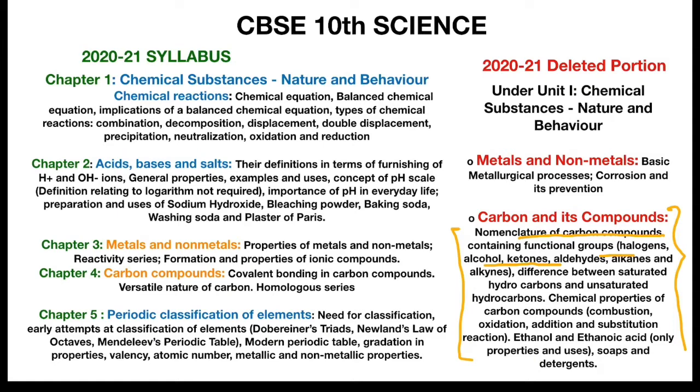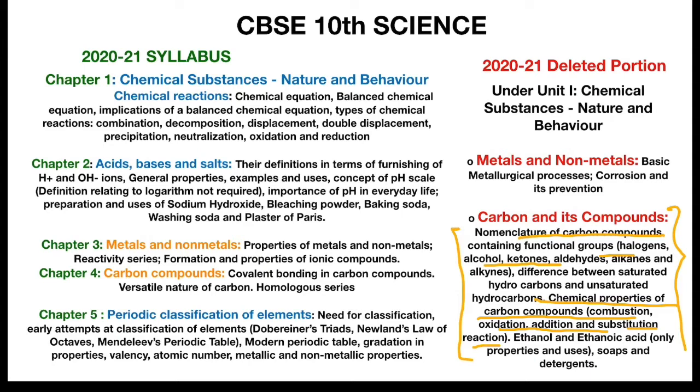Then they have removed the chemical properties of carbon compounds, which is 4.3 in the book, and there are subparts in this like 4.3.1, 4.3.2, 4.3.3. Those are related to oxidation, addition, substitution reactions, and all those.